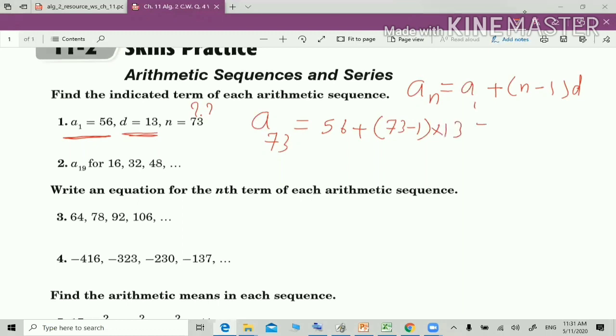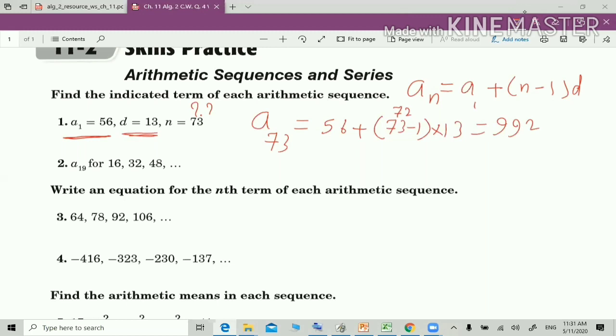If you calculate that, you will have his answer. So 73 minus 1 is 72. 72 times 13 first, and then add 56. You will have 992. Okay?